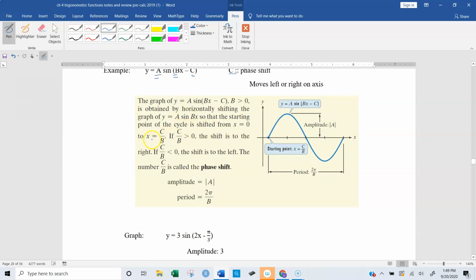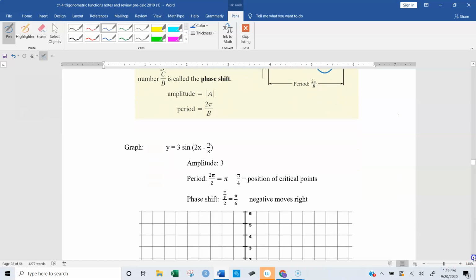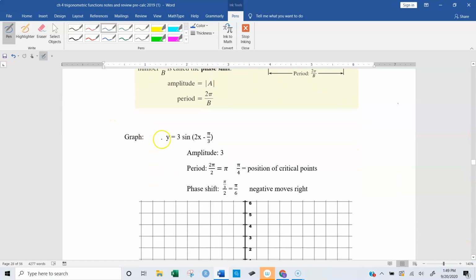So to do this, we have to take x equals c over b. So like where we're starting, you take the c value, so it's actually the opposite of it, whatever it is, and divide it by b, and this will tell us how far we're shifting left and right. All right, so let's go here. So 3 is my amplitude, so remember that's how high up I'm going to go.